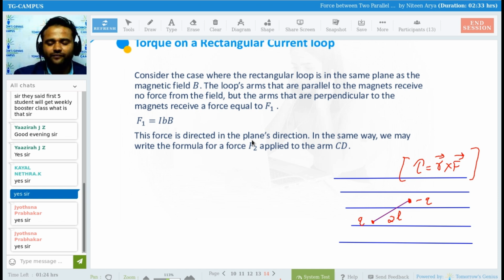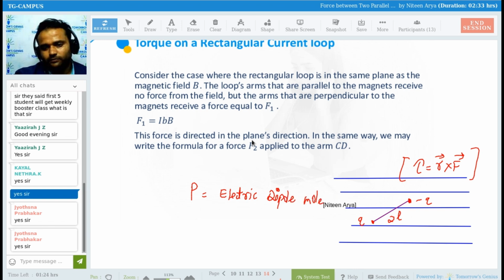Or this r cross F is simply p cross E, if I'm not wrong. Here p is the electric dipole moment, 2QL, and E is the electric field.